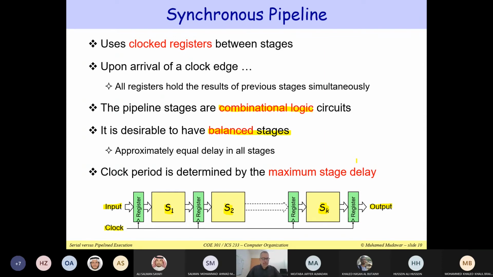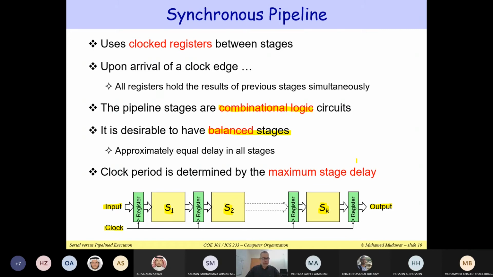We cannot guarantee that, but we try to balance the delay in these stages. We don't want one stage taking too long and another stage being too short. So balancing the delays in these stages is very important, otherwise it is going to impact the performance of the pipeline.